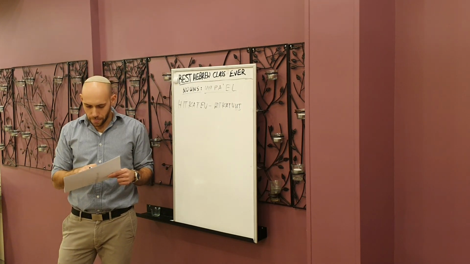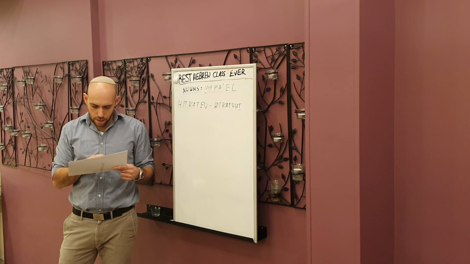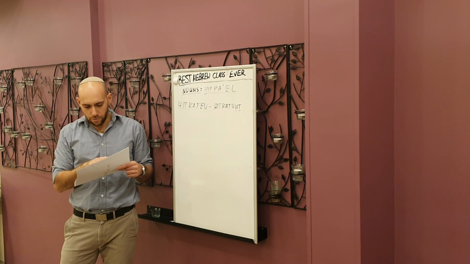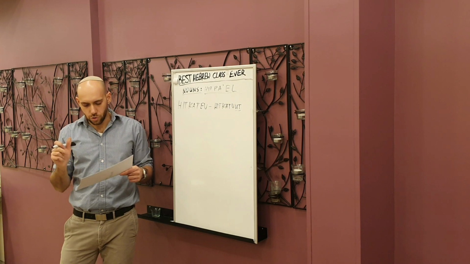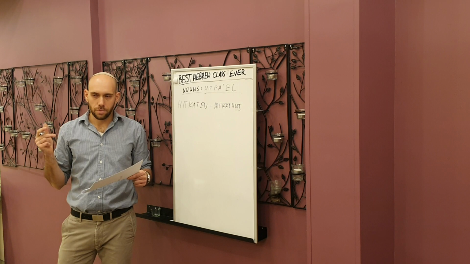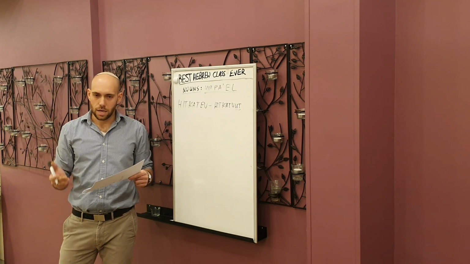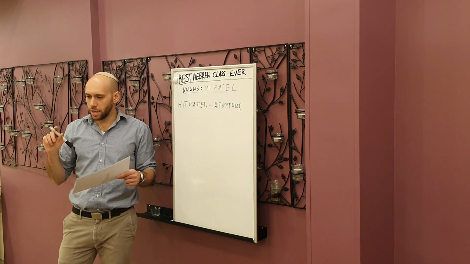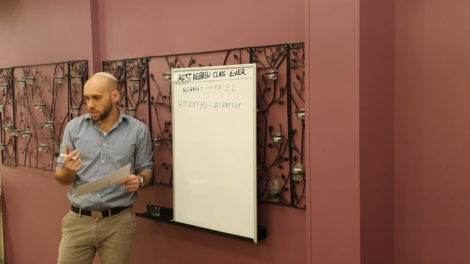What's the root? The root is shin dalet lamed. Whenever you have the Hitpael form, if it starts with certain letters like shin, sin, samech, zayin, tzadi, they switch. This is just one of the rules.